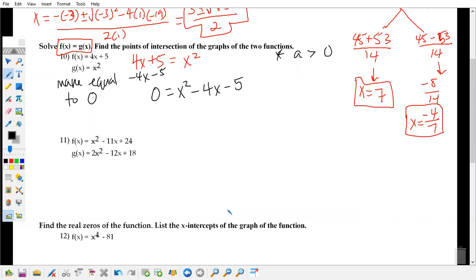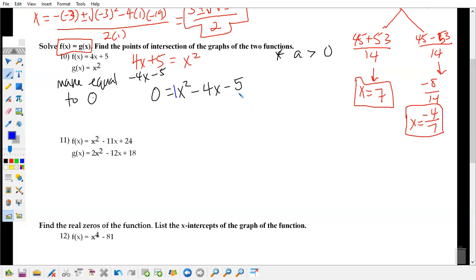All right. So x squared minus 4x minus 5. Now you're going to solve for x, and you would use any skills that you have, whether it's factoring, completing the square, or the quadratic formula. In this case, this is a simple factor. The reason I know it's simple is because a equals 1.